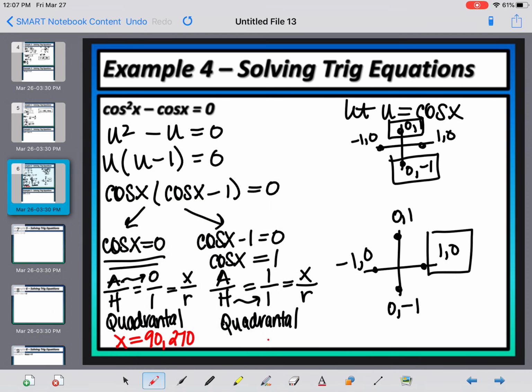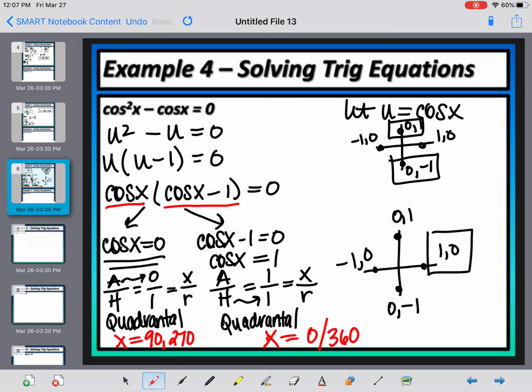So x equals 1 only in one place. So x equals either 0 or 360. Either one of those. So you actually have 3, technically 4, I guess, angles here if we count 0 and 360 as their own separate answer.